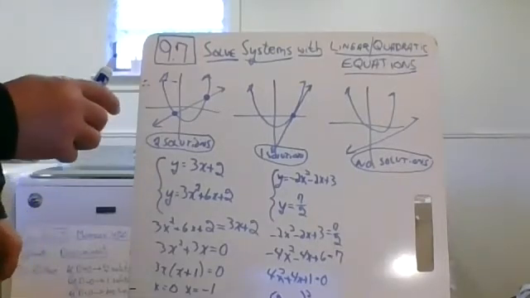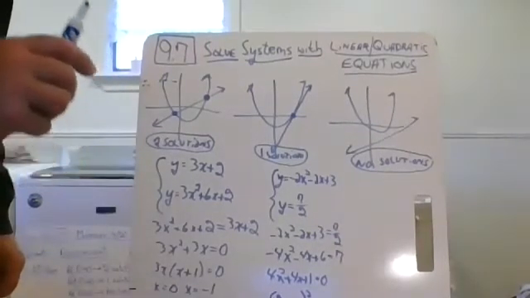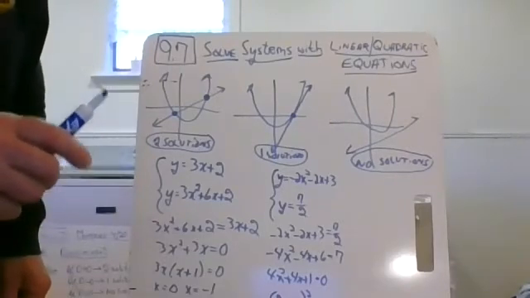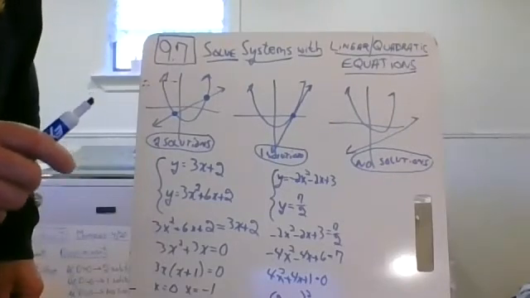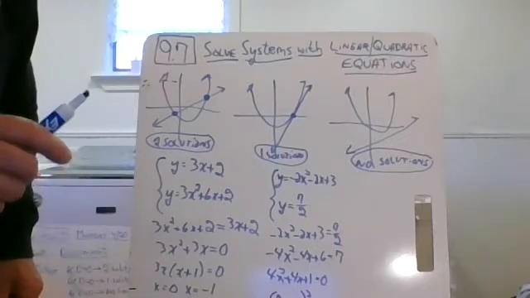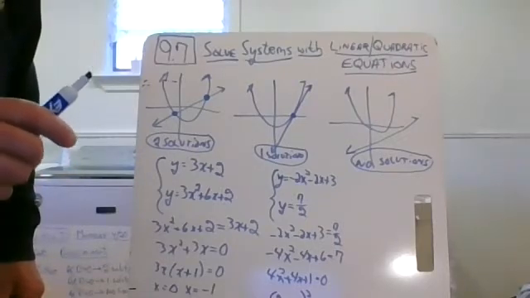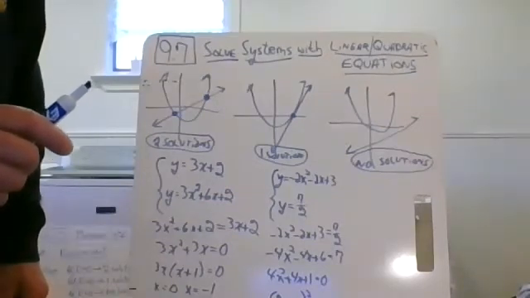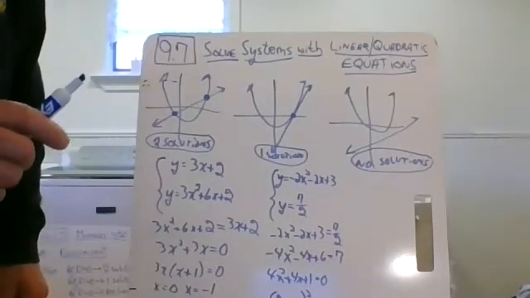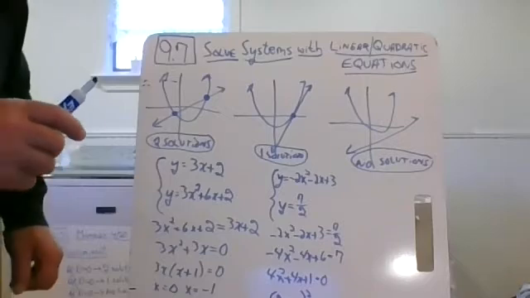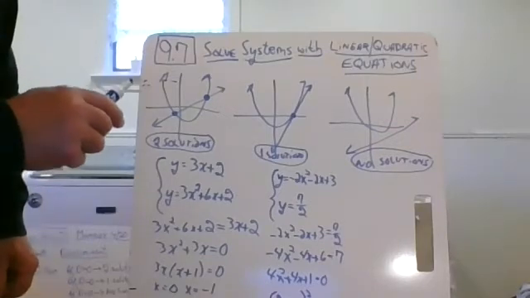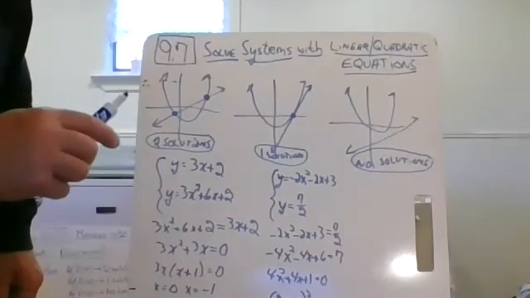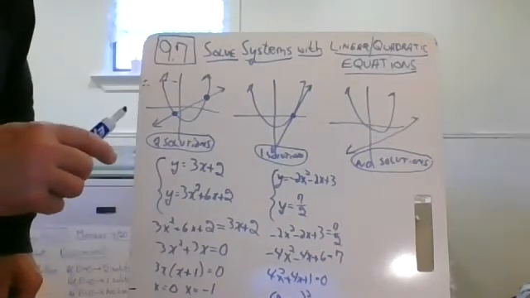Well, think about it. The solution to a system of equations, if you remember, were the intersection points. With the linear systems, it's where the two lines intersected. That was the solution to that system. Well, now it's where the line and the parabola intersect that is going to be the solution set.